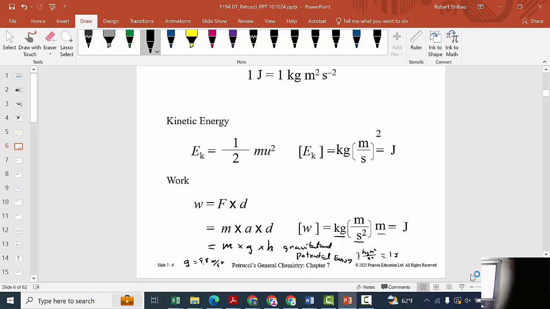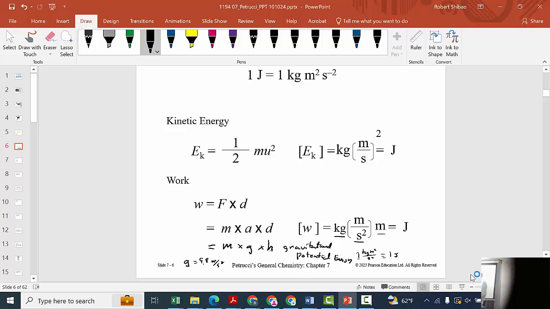And that's the work, W is the work. That's the work required to lift it up there. And that work that's required to lift it up, we'll get the exact opposite energy if it drops back down. This is the kinetic energy.